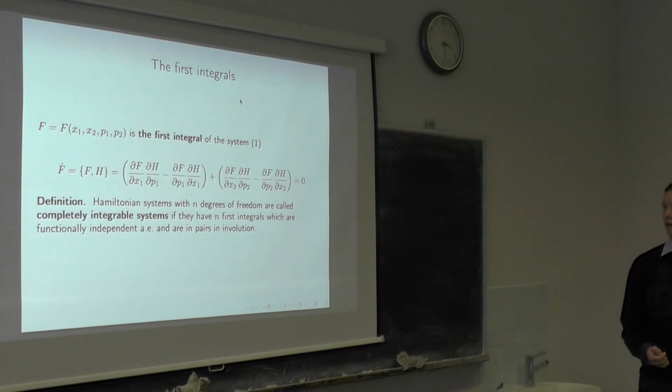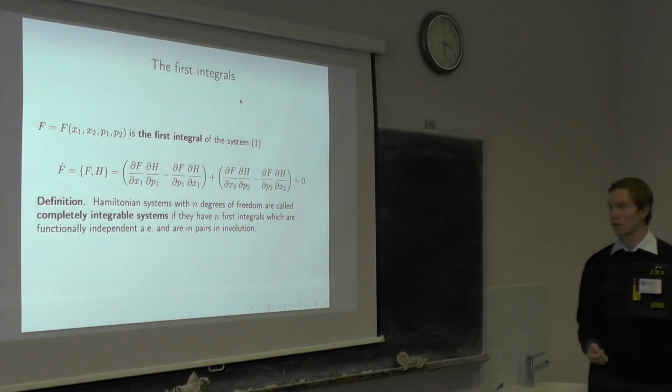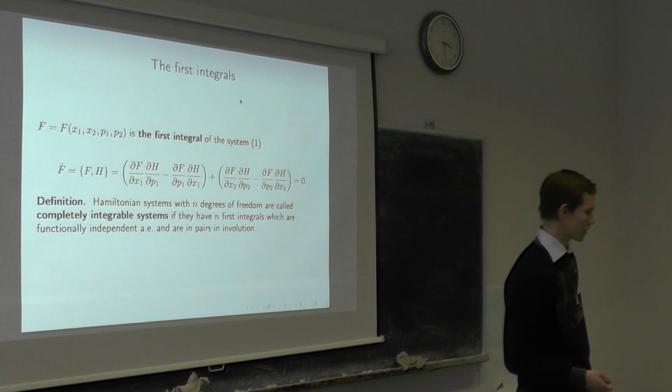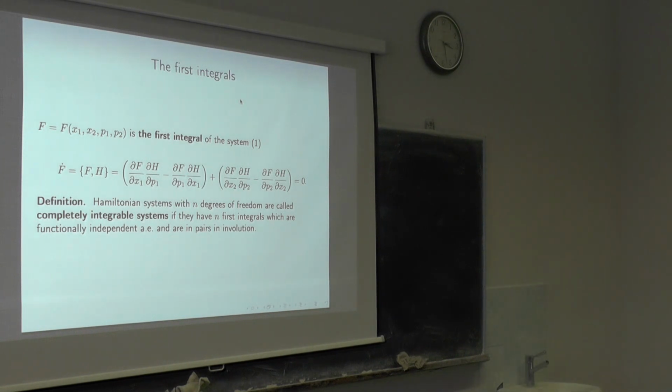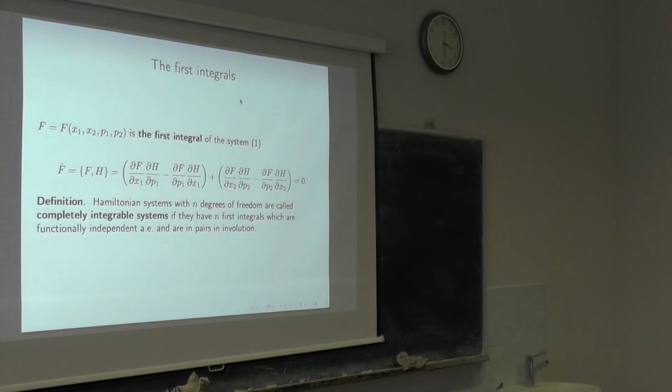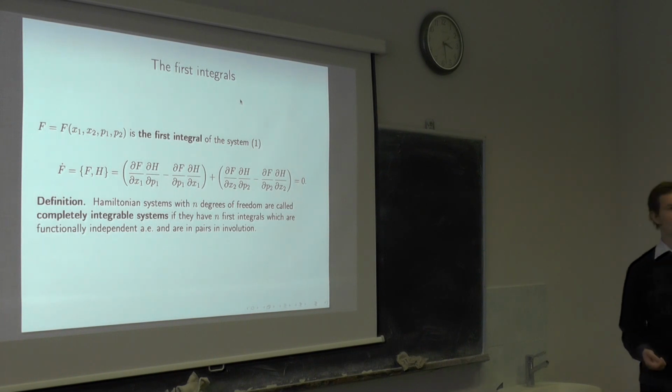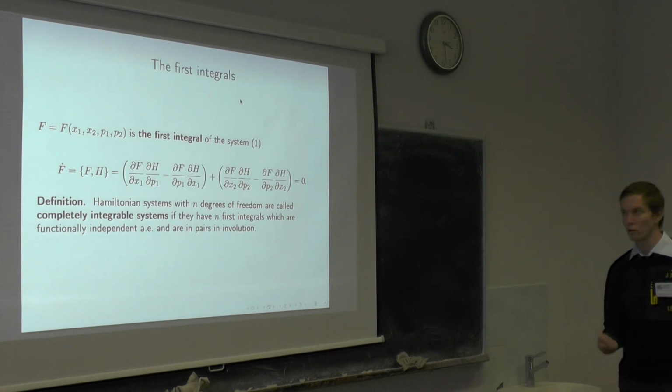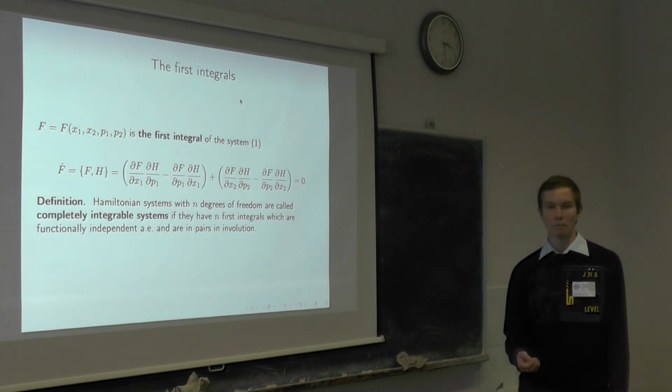Hamiltonian systems with n degrees of freedom are called completely integrable systems, or integrable in the sense of Liouville, if they have exactly n first integrals which are functionally independent almost everywhere and are in involution. Of course, one of these integrals is the Hamiltonian, and in our case, when we consider mechanical systems on two-dimensional surfaces, we need just one more first integral to reach the complete integrability.